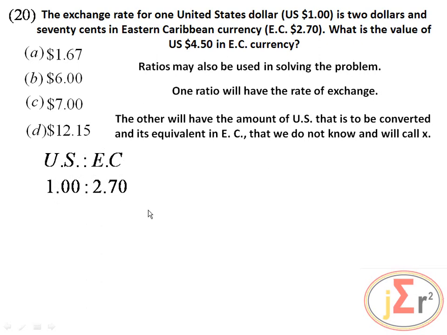Then we may go a little bit further, placing in another ratio: the amount of US that we have and the amount of EC that we need to convert this US to, which we do not know, so we will call that X. So the other will have the amount of US that is to be converted and its equivalent in EC. That we do not know, and we will call X.